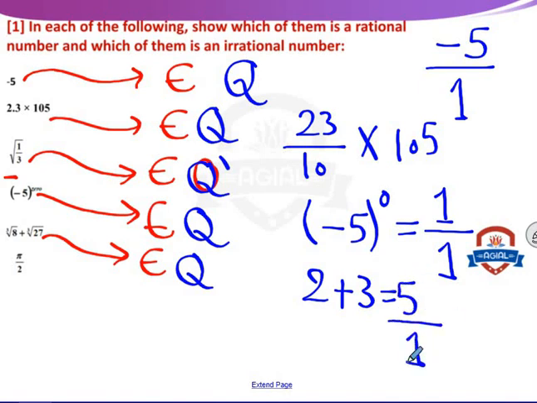We can write 5 over 1. So it belongs to Q, not Q dash. The last one, we said before, pi does not belong to Q, but belongs to Q dash.